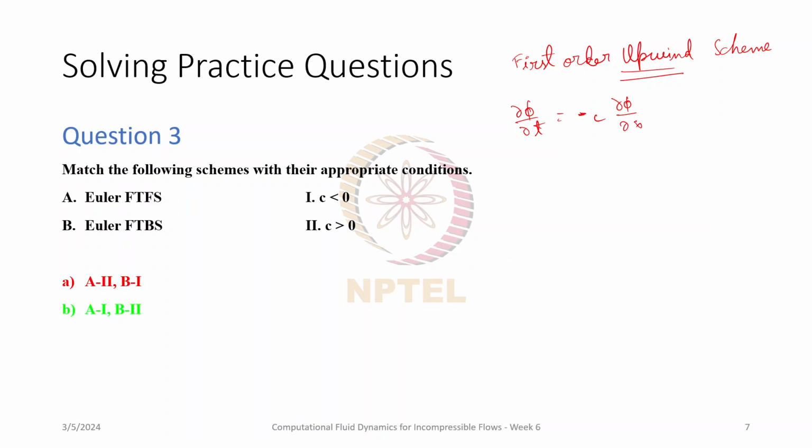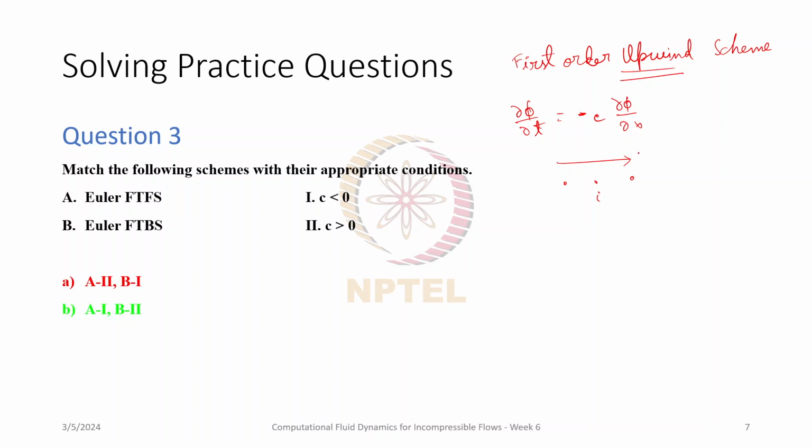Now, when C is positive, that is, when the flow is going from left to right, so if this is the ith point, we need to consider the point upwind of it. So downwind means downstream of that point, and upwind means upstream of that point.